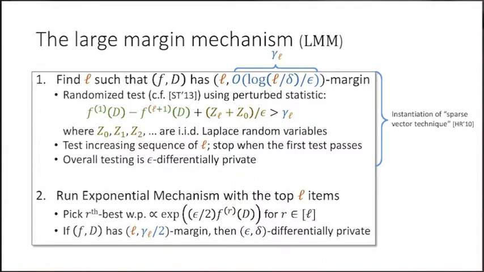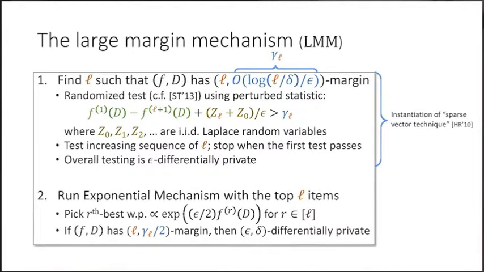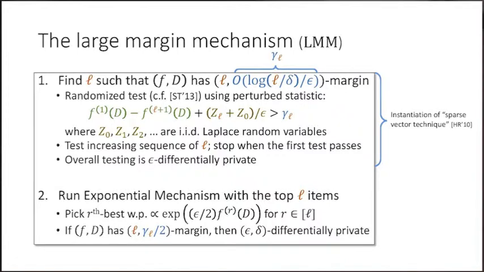We just pick the rth best item with probability proportional to e to the epsilon over 2 times the rth's largest score. And if indeed the data set did have this margin, then the algorithm overall will be epsilon delta differentially private.